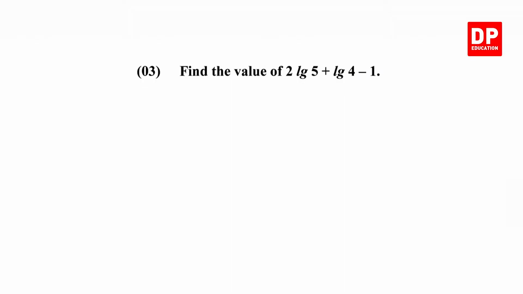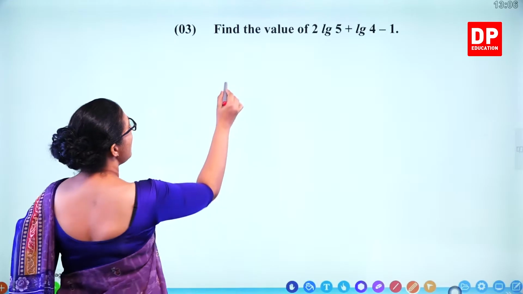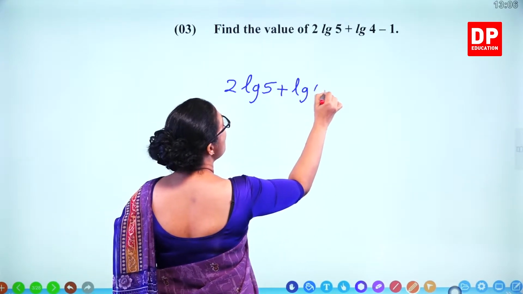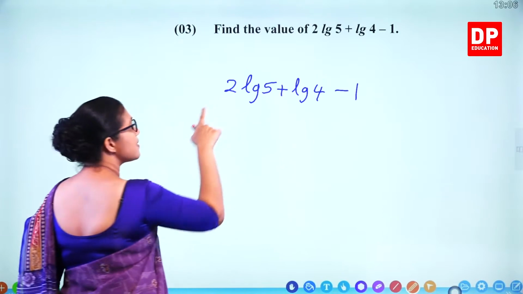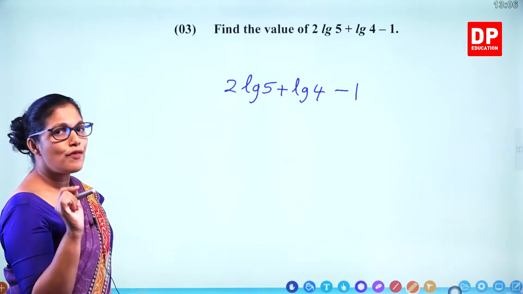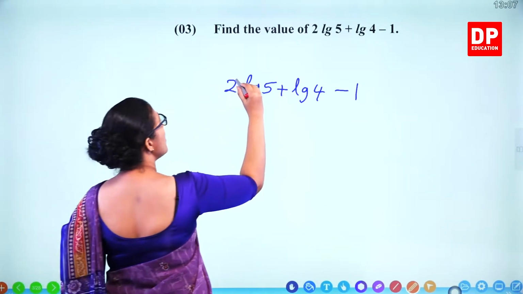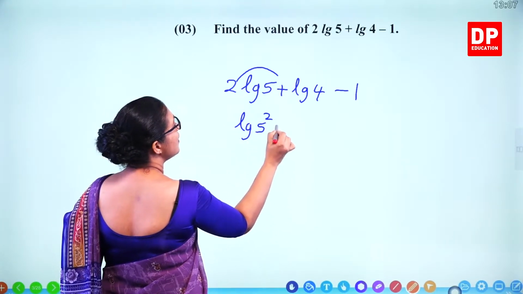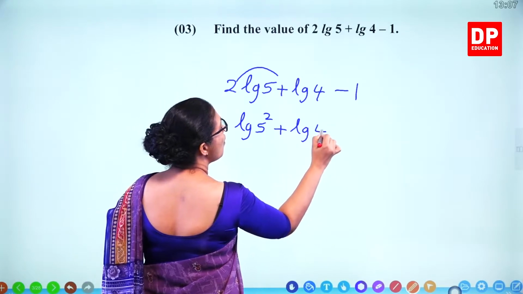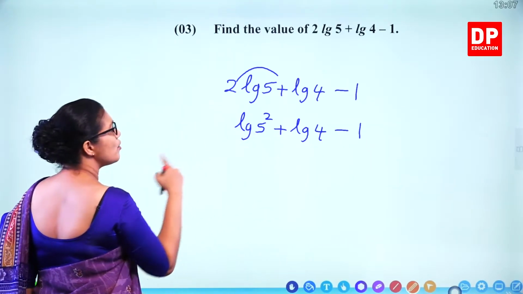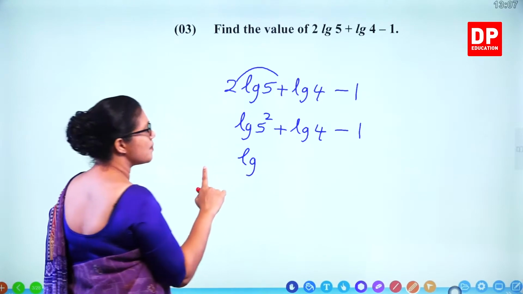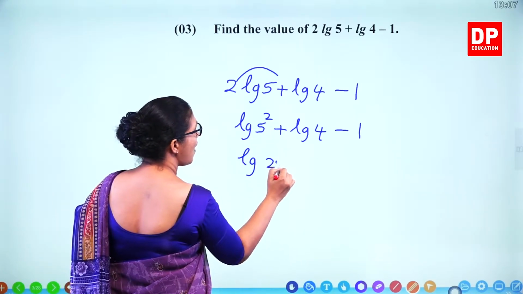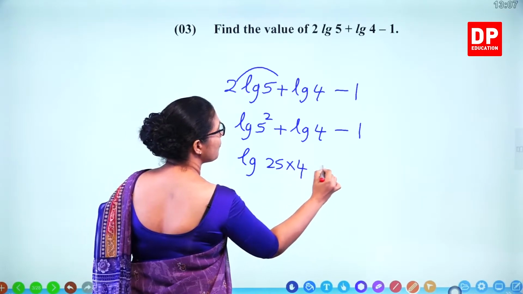Question number 3. Find the value of 2 lg 5 plus lg 4 minus 1. Here when there's a number in front, you can't use laws of logarithms. So you have to take 2 inside as a power: lg 5 squared plus lg 4 minus 1. Now you can use laws of logarithms. Addition becomes multiplication. 5 squared is 25 times 4, minus 1.